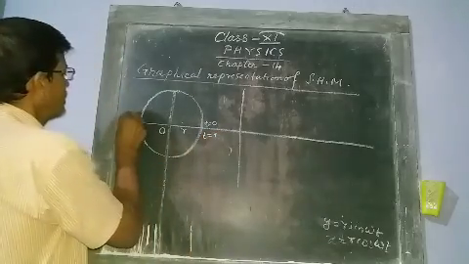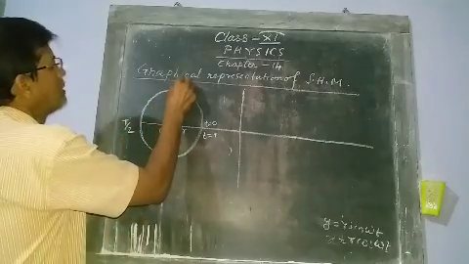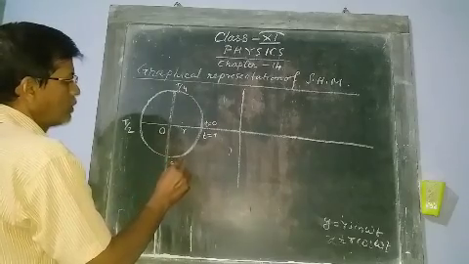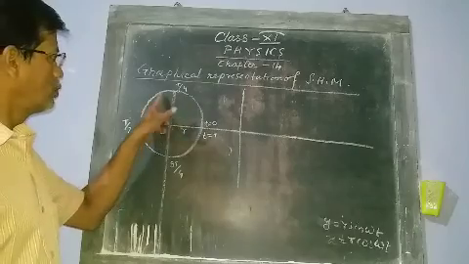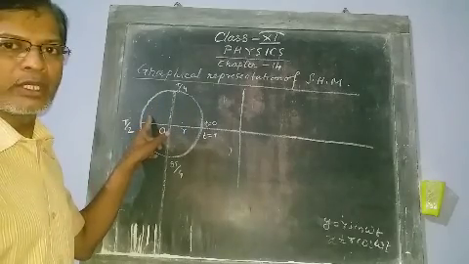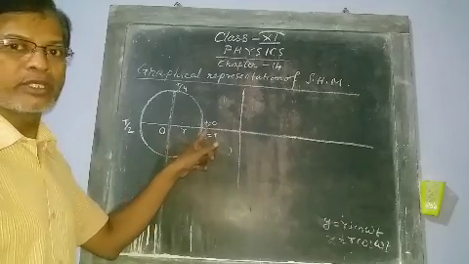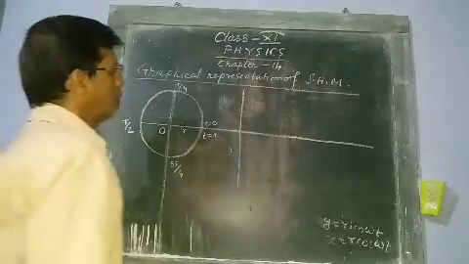So this will obviously be T by 2, this is 1/4 of this, T by 4, this is 3T by 4. T by 4, 2T by 4 means T by 2, 3T by 4, and 4T by 4 means T.